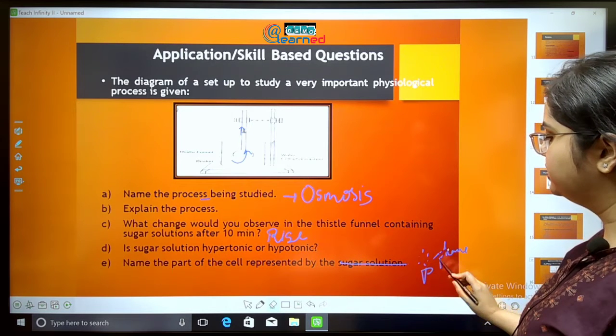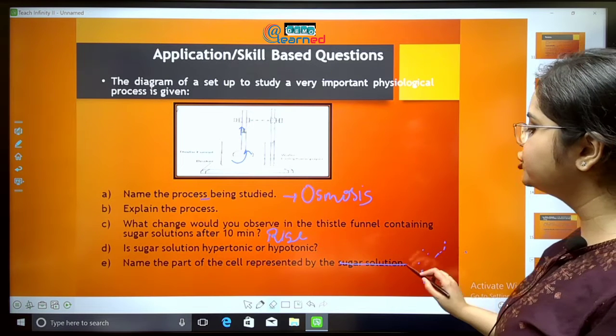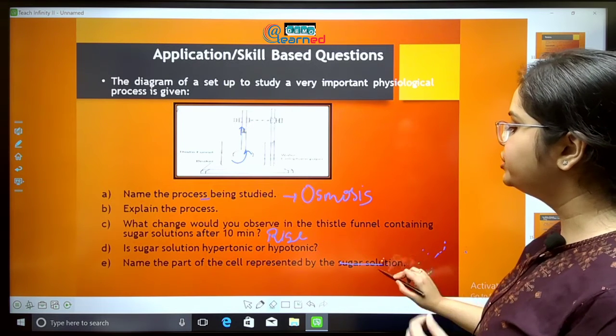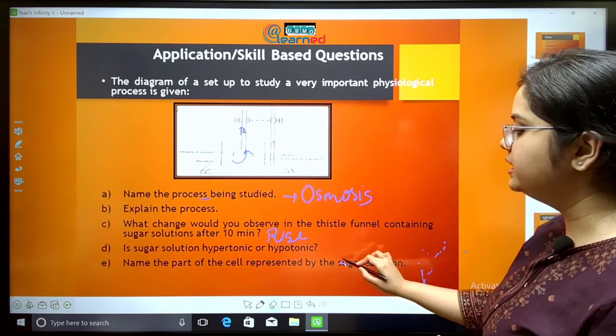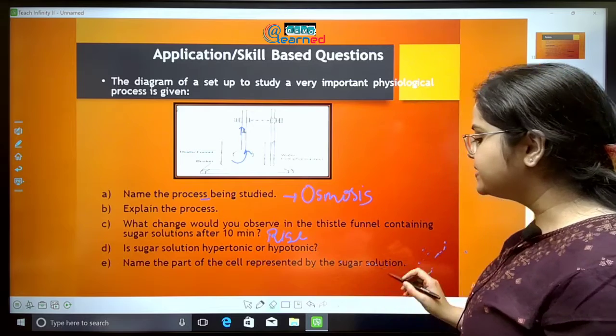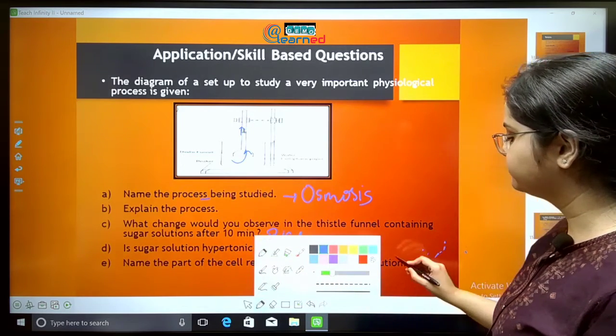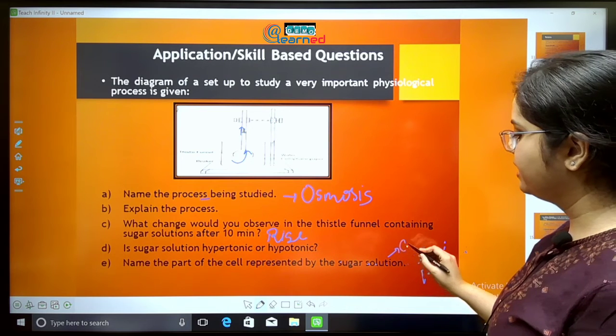Let me delete it. Which part of the cell is represented by the sugar solution? Of course, if we take up this thistle funnel as the cell, the sugar solution is the cell sap. So the answer is cell sap.